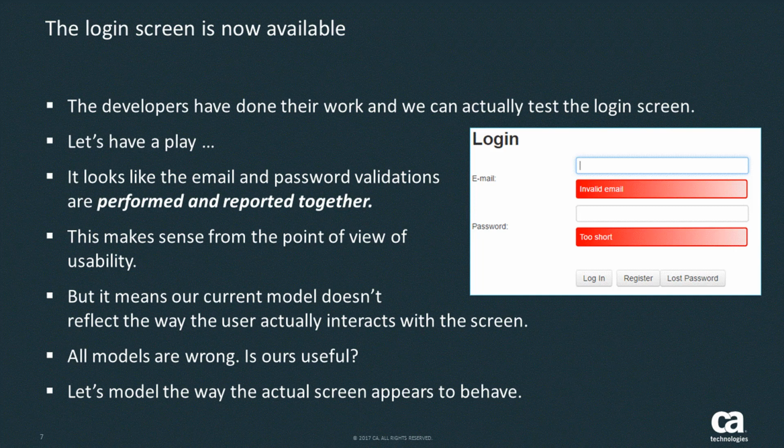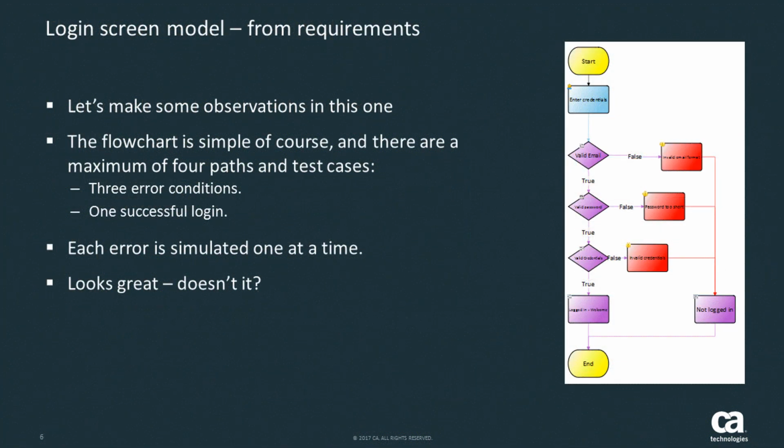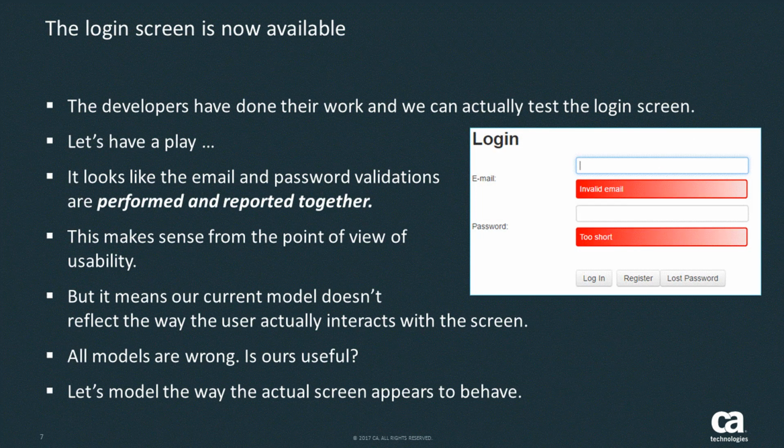Now this is kind of not quite matched by our requirements, because if I go back a slide, you can see that we only ever get 1 error, whereas in the real system we get 2 errors at once, both the email and the password error. So perhaps we should reflect this in our model.